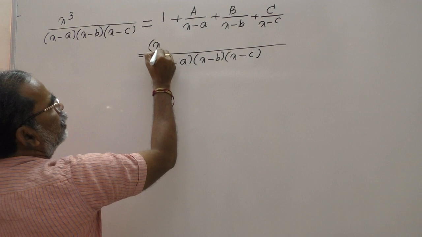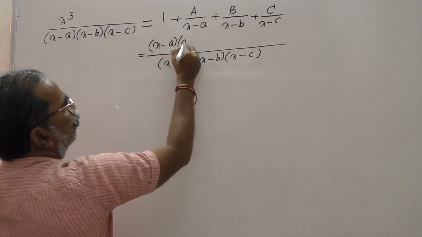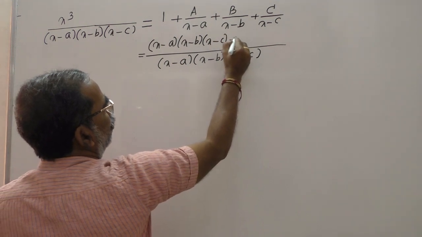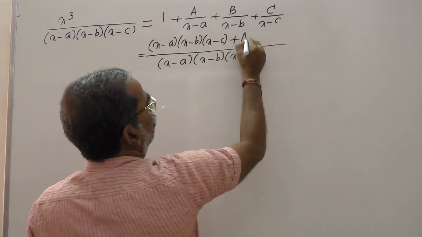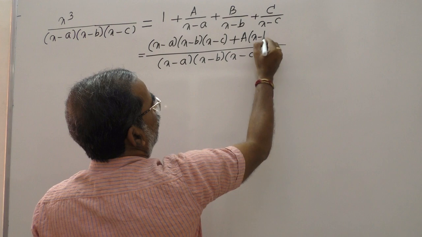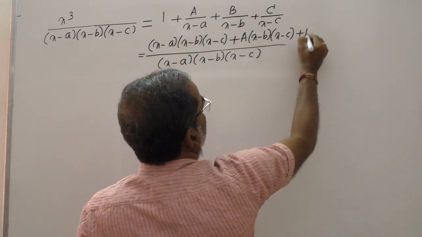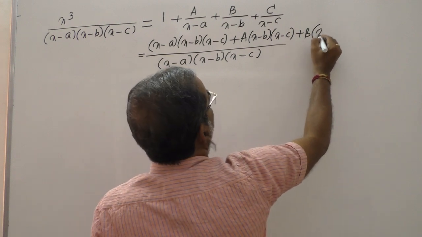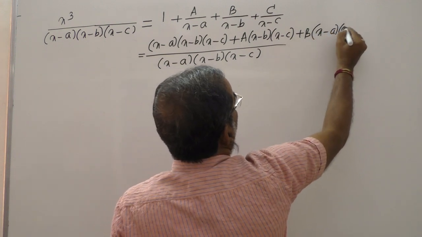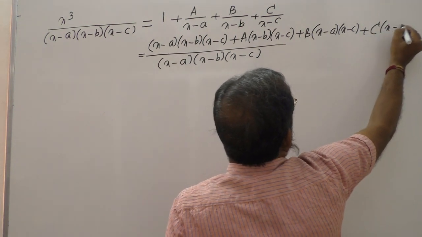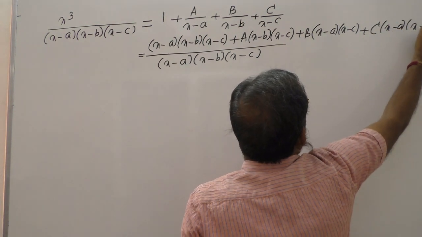Here we will get (x minus a)(x minus b)(x minus c) plus a into (x minus b)(x minus c), next plus b into (x minus a)(x minus c) plus capital C into (x minus a)(x minus b).